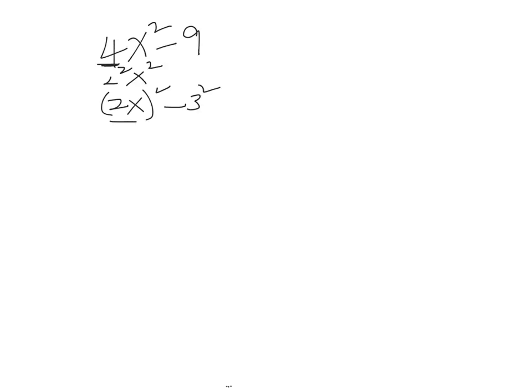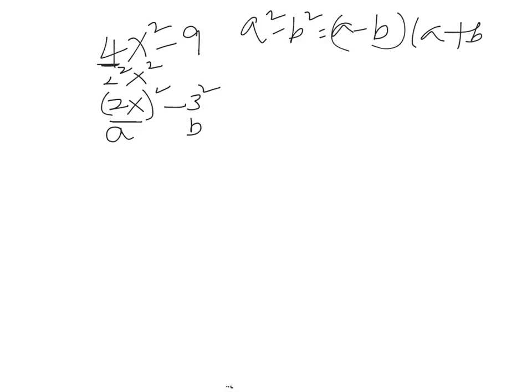So now you consider a as 2x and b as 3. So now apply the formula. A squared minus b squared is a minus b times a plus b, right? So this comes down to 2x minus 3 times 2x plus 3.